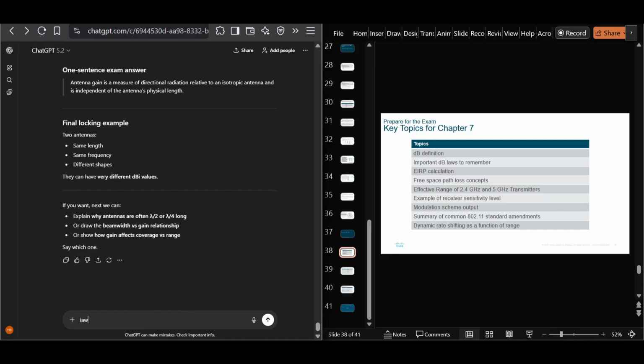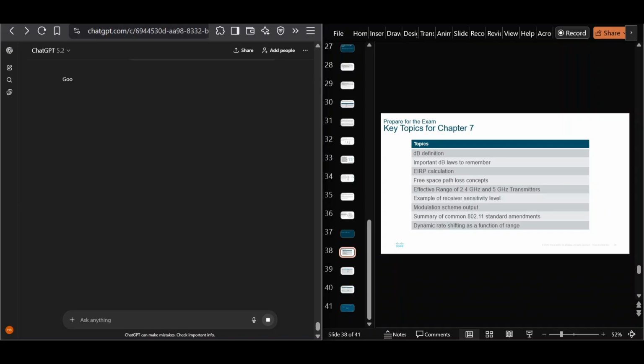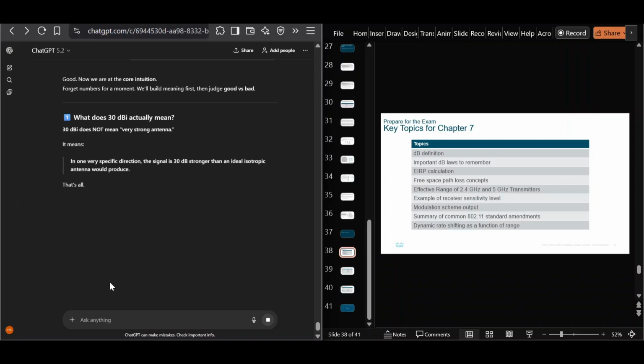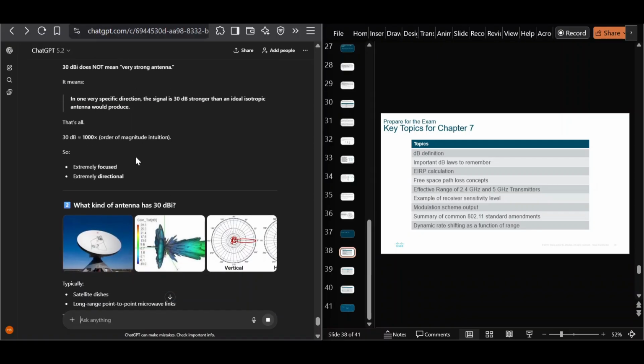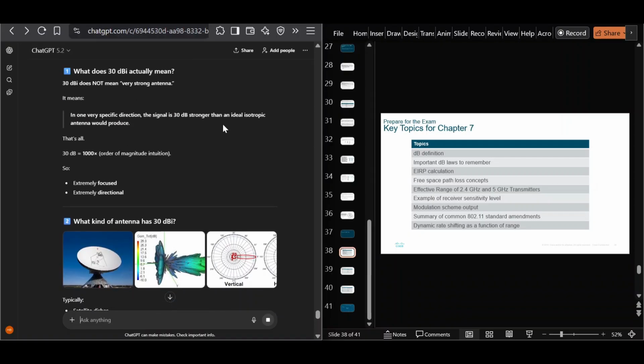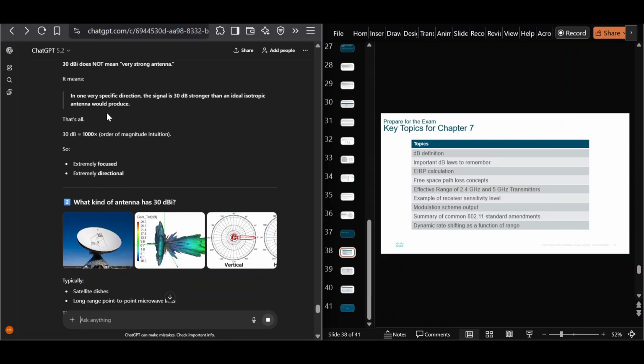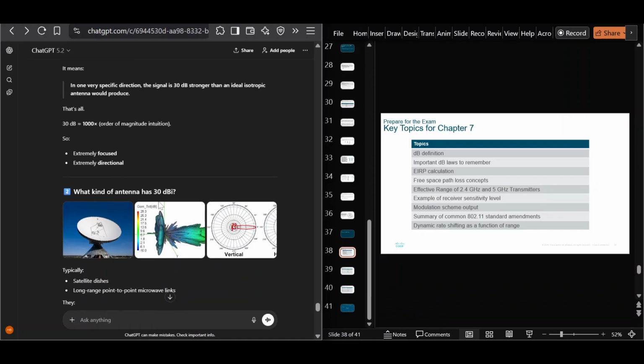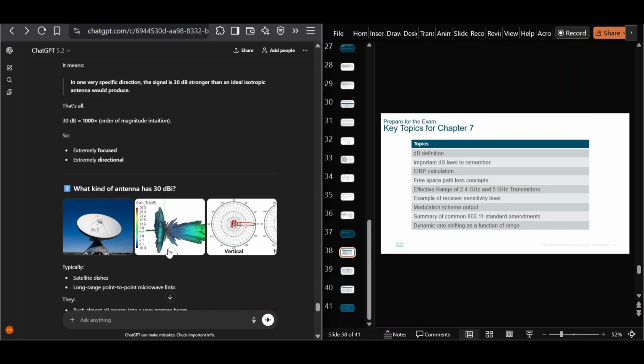Thirty dBi is extremely strong in one specific direction and extremely focused. So this is antenna gain.